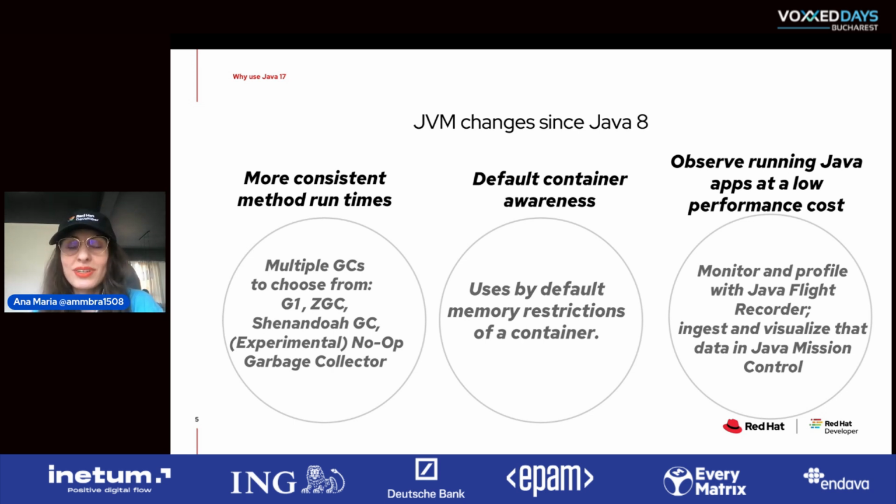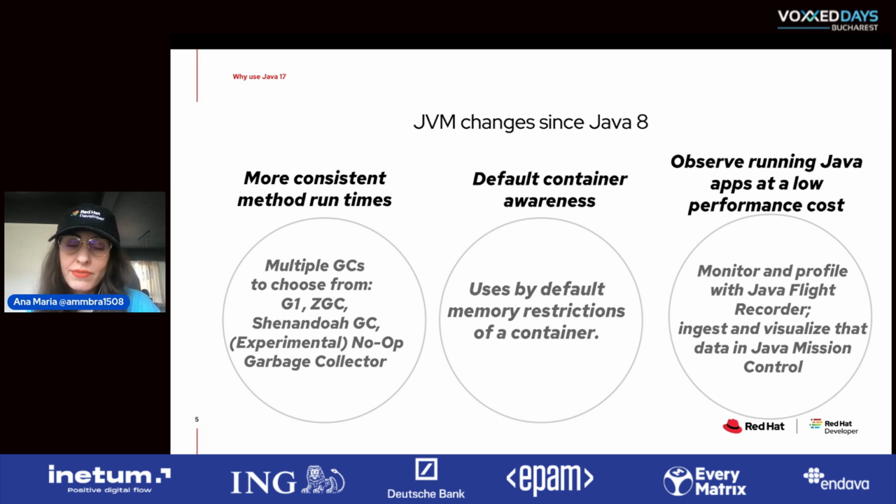Then, also with the recent versions of Java, there is default container awareness. Before, I think at patch 131 of Java 8, there was a small glitch, meaning that when you were giving some memory restrictions to a container via the Docker restrictions for memory, those weren't necessarily passed to your runtime.